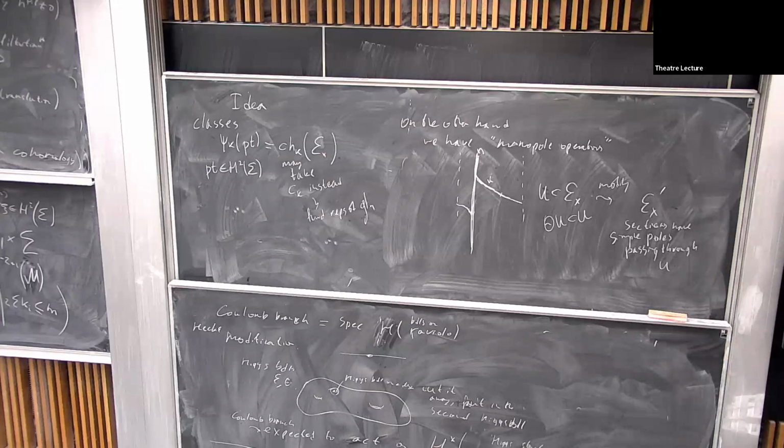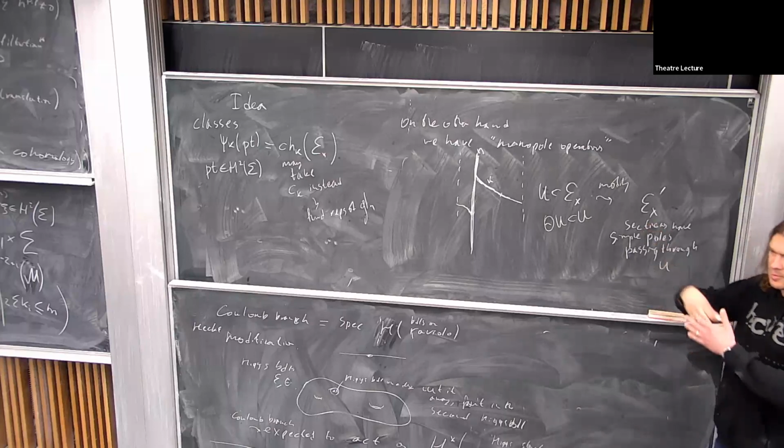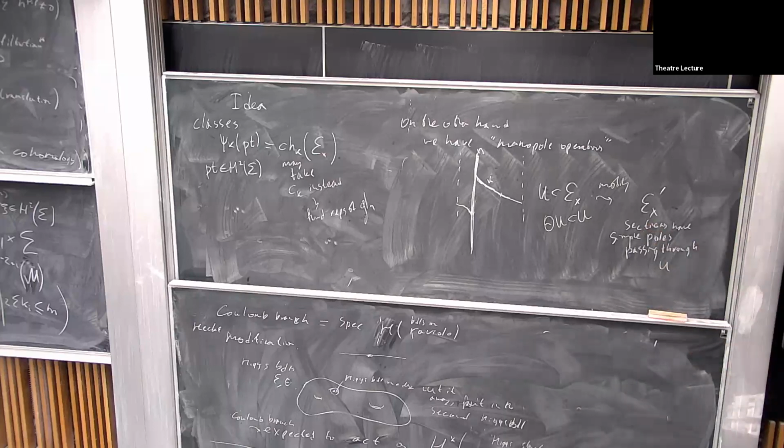So using this idea, you get the correspondence, and then if all the stability problems are solved, then you get a map, an action on the cohomology.